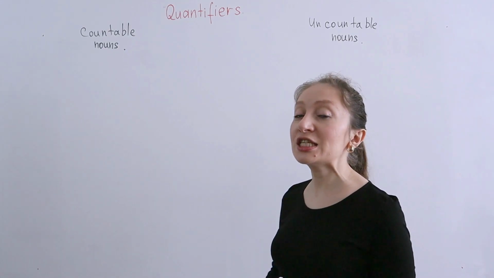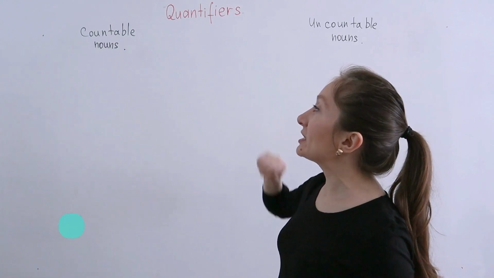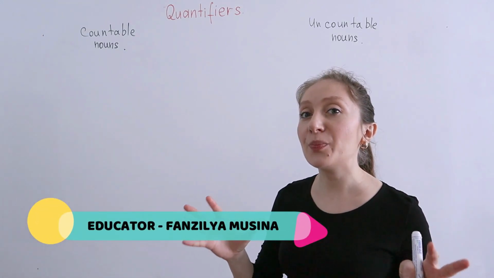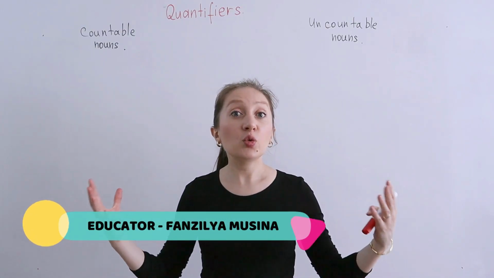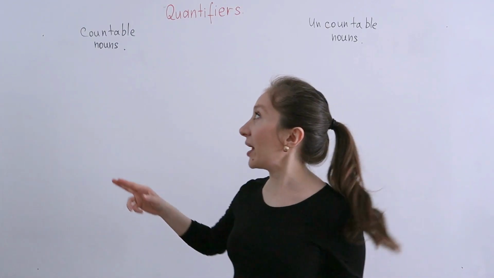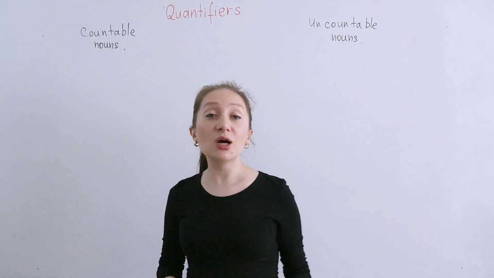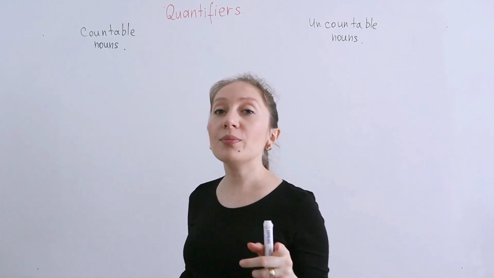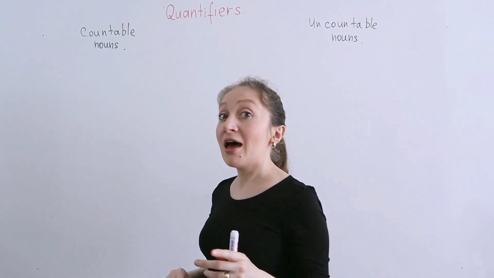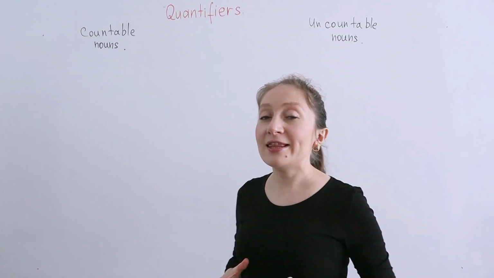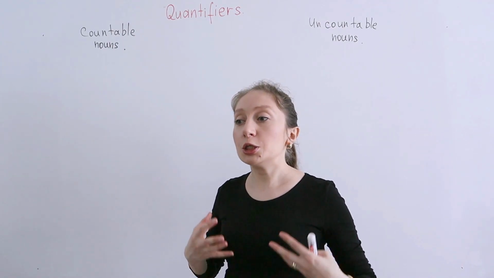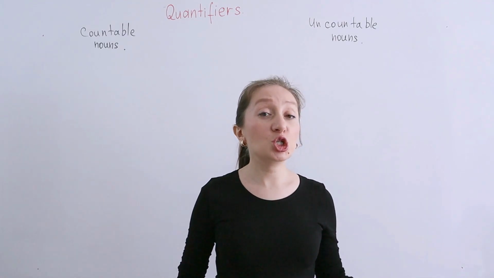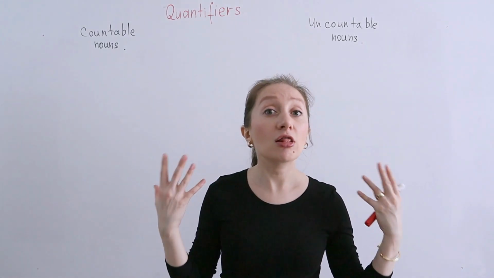So today we continue talking about quantifiers. You remember what it means, right? Quantifiers help you to tell the quantity of something. They can be used with countable nouns and uncountable nouns. In the previous lesson, we talked about quantifiers that help you to tell that you have something a lot: many, much, a lot of, and lots of.